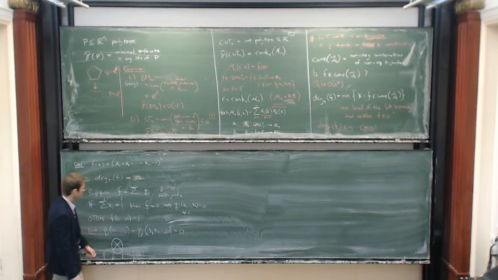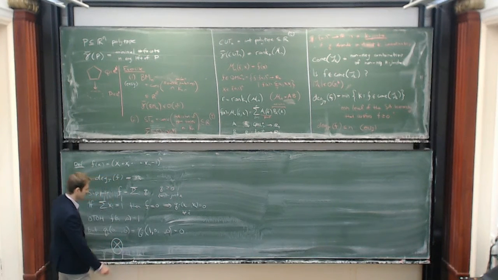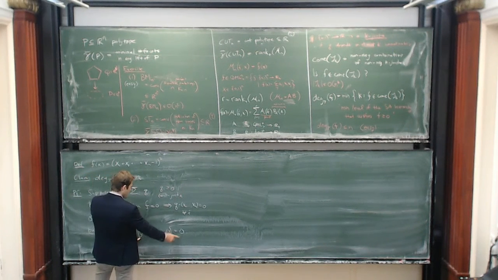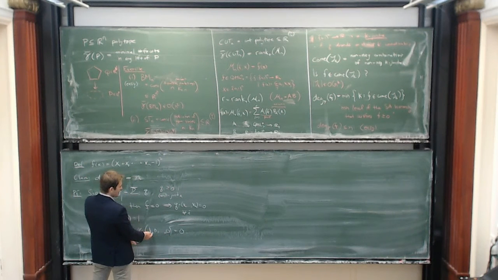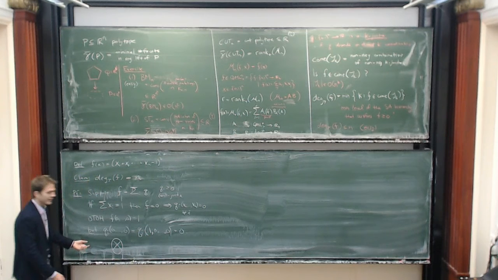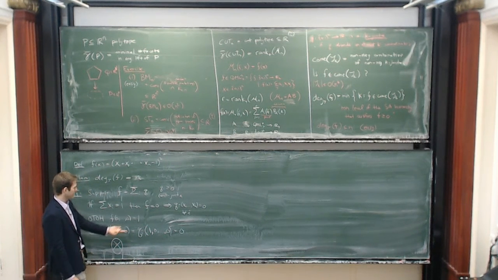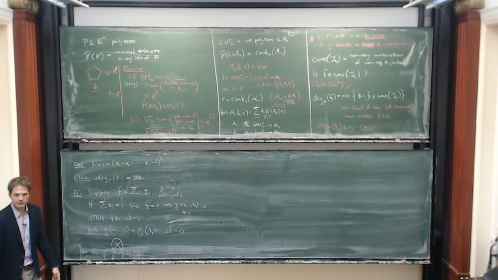On the other hand, let's say qi doesn't depend on some coordinate, say the first coordinate. Then we can flip this to 0 without changing the value of the function. So qi at all zeros is equal to 0. And this is a contradiction, because it cannot be that all the qi's are equal to 0 at the all zeros vector, because f is equal to 1 at the all zeros vector.